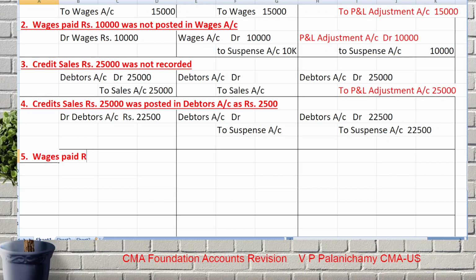Wages paid rupees 2,500 was recorded as salary rupees 5,200. Wages paid 2,500 was posted in salary account as rupees 5,200.